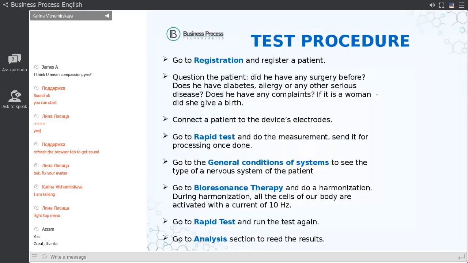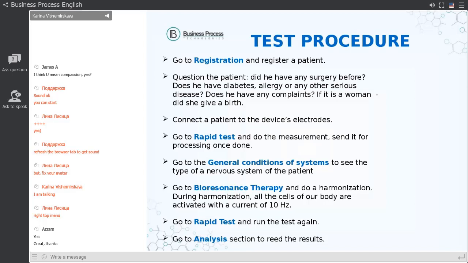So, test procedure. It's written here, but I forgot to tell it to you: before I go to the rapid test and do the measurements, send it for processing. Go to the general conditions of systems, our analysis, the first one, where we can see our resistability to the outside factors, our pH, and here we can see the type of nervous system: parasympathetic, sympathetic, or eutonia.